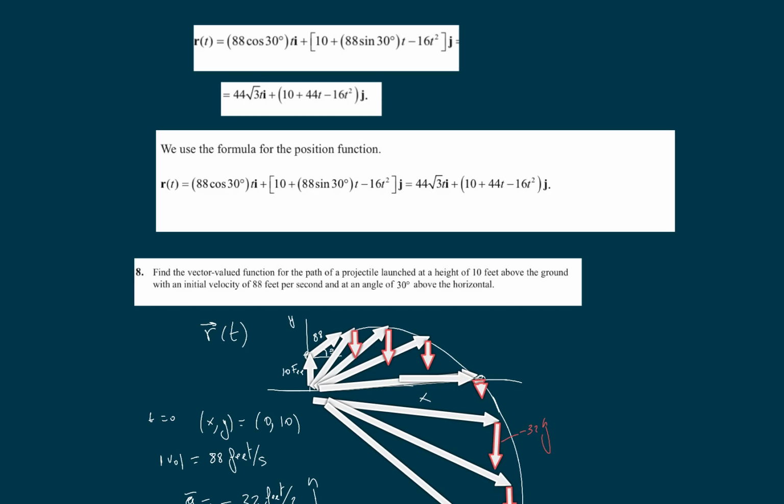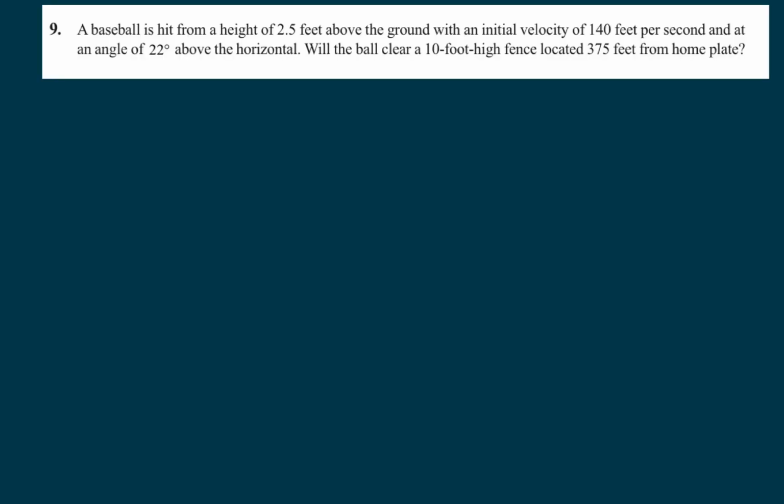Let's go to the next problem. Problem 9 says: a baseball is hit from the height of 2.5 feet. So 2.5 feet is something like this. So this is the ball.